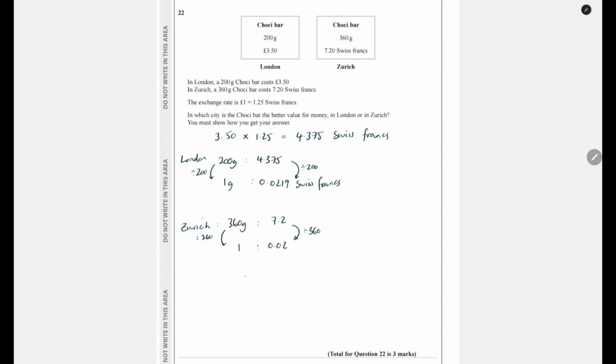And so we can see for the London price to the Zurich price for 1 gram of a chocolate bar in Swiss francs is 0.0219 to 0.02. And so the Zurich price is better for value. So our answer is Zurich.